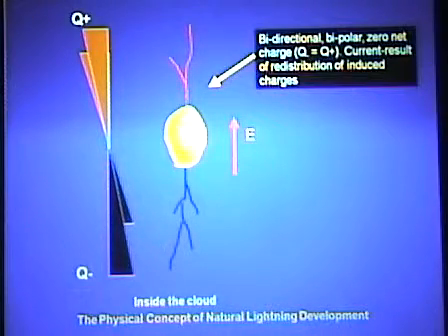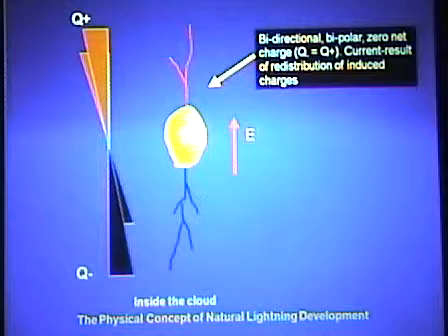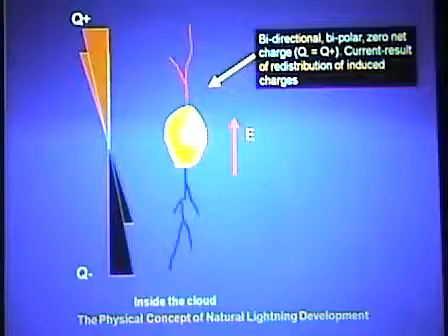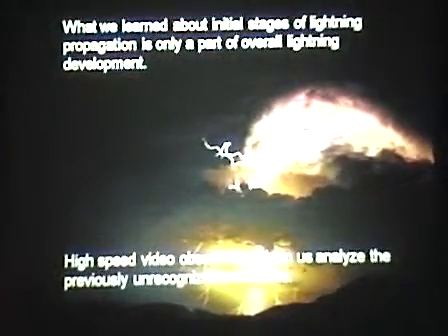So as a result of our studies of lightning-aircraft interaction, we confirmed the process of lightning development in nature, in a thunderstorm, as a bidirectional, bipolar, zero net charge leader. However, after initiation, we have many more additional processes in lightning development, which required special efforts and special tools.